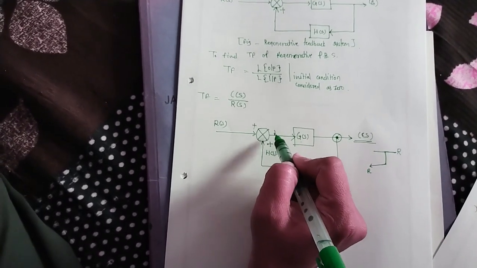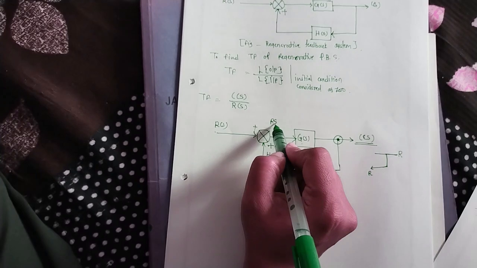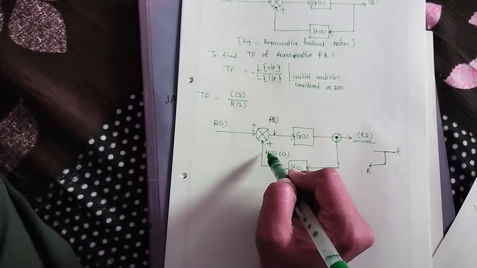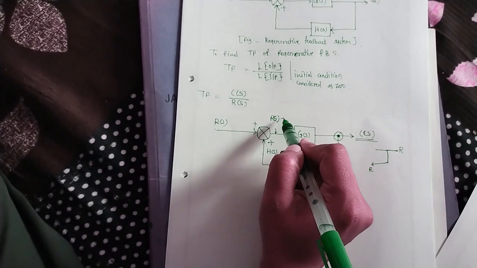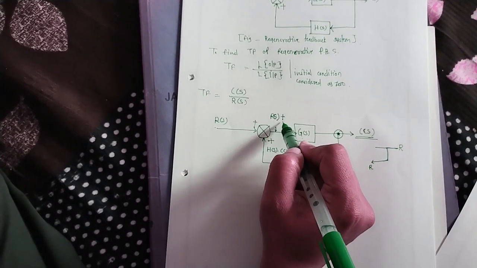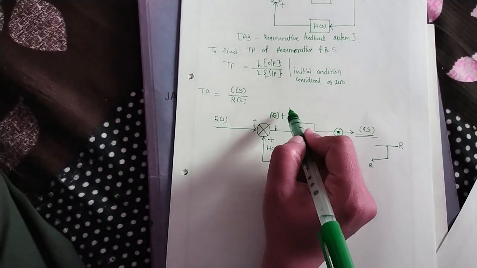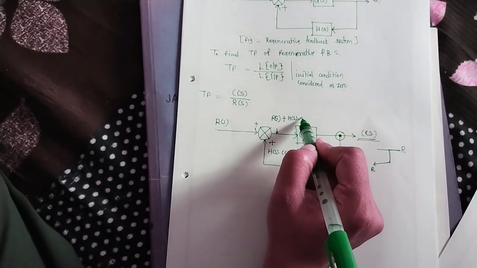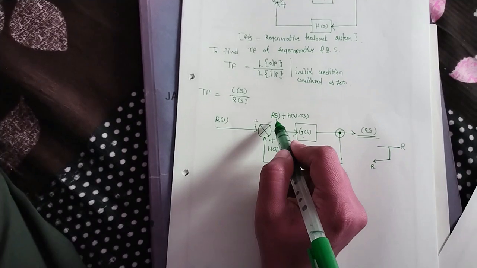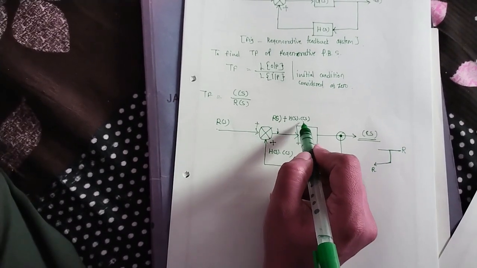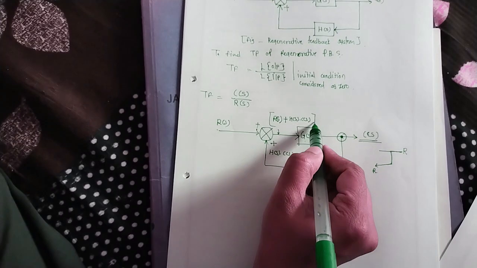Here you get R of S in positive form, and the second signal also has a positive sign, which is why we use positive here. It gets added with the input signal. So after the error detector you get the output R of S plus H of S into C of S.